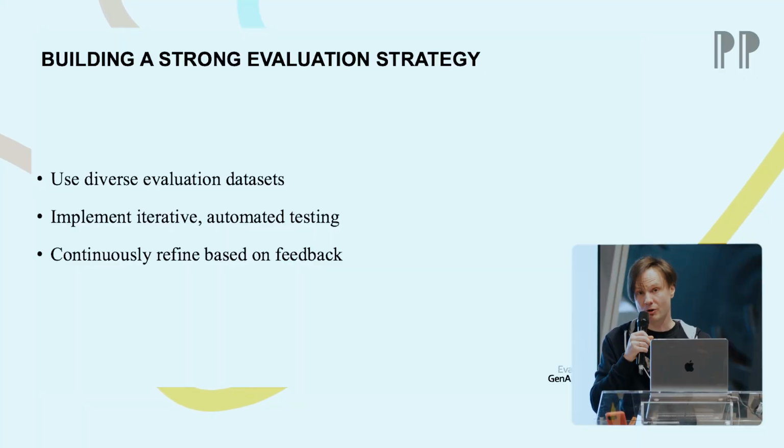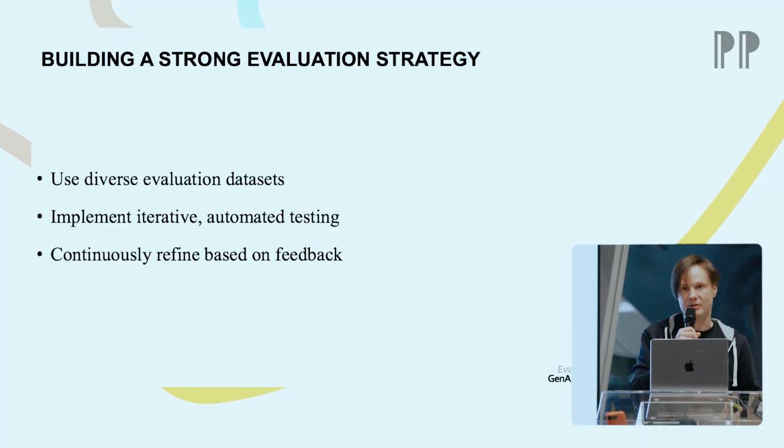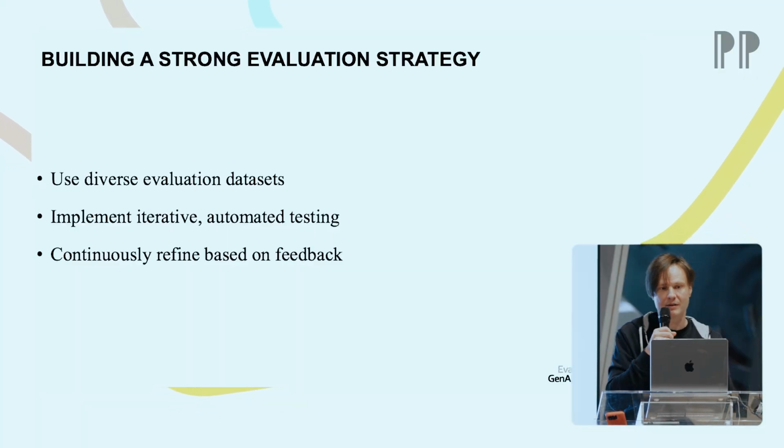Super important point. Yeah, so as a summary, as a recommendation, build strong evaluation strategy. Diverse data sets, everything automated. Of course, you don't want to click the buttons in portal for every release of your application. So everything I demonstrated is available through APIs. I mean, this must be inevitable and prominent component of your overall DevOps flow.